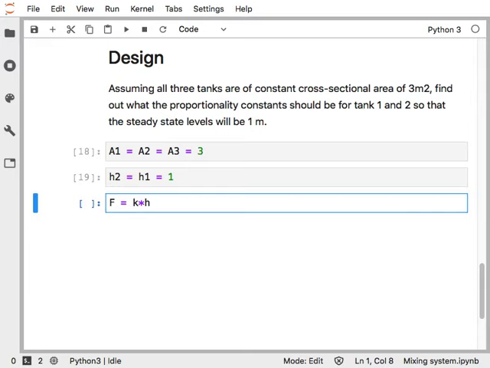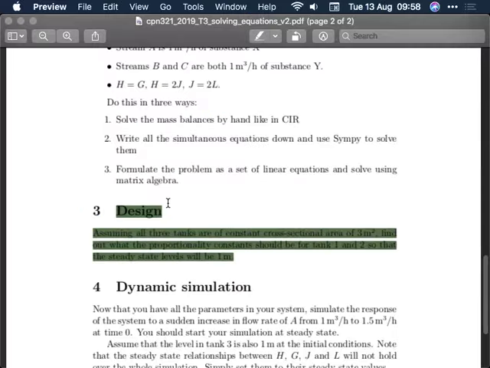We're going to rework that the other way around and just say that K1 is equal to H1 divided by the flow coming out of that tank.